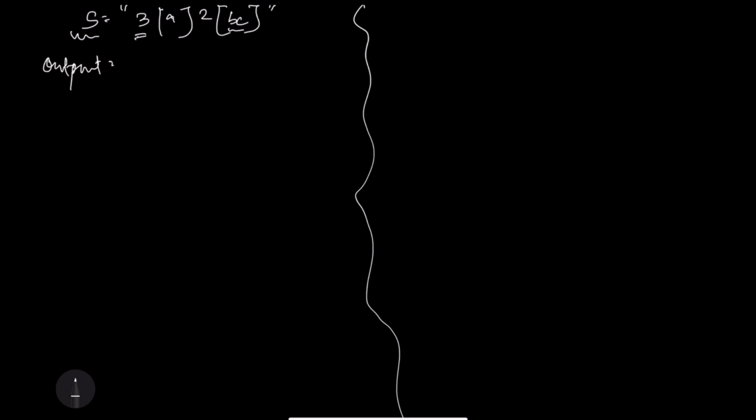So let's write it up. We would initialize a stack, a current string, and a current number which we will initialize to 0.